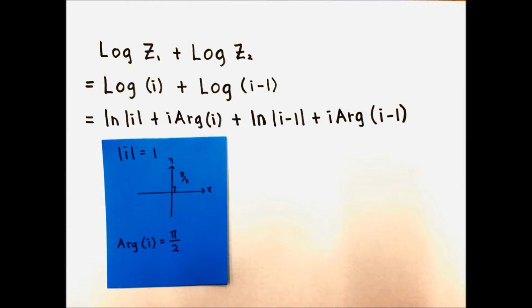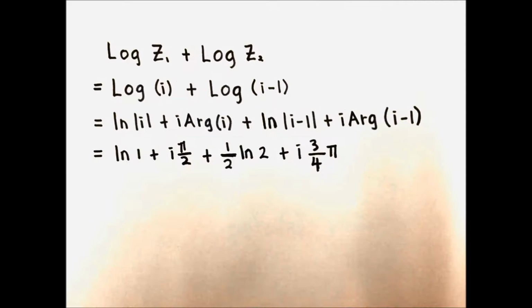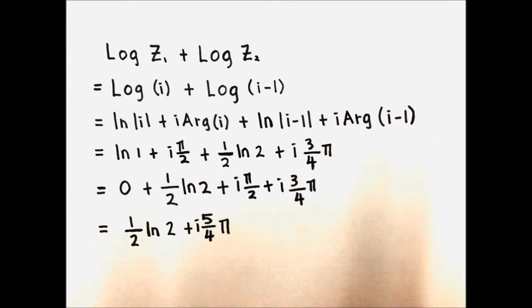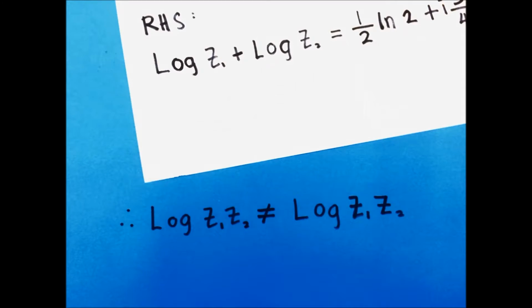For ln absolute of i plus i argument of i, we get ln 1 plus i pi over 2, whereas for ln absolute of (i minus 1) plus i argument of (i minus 1), we get 1 over 2 ln 2 plus i 3 pi over 4. Now we solve the equation and we get the final answer, that is 1 over 2 ln 2 plus i 5 pi over 4. As we can see, log z1 z2 is not equal to log z1 plus log z2.